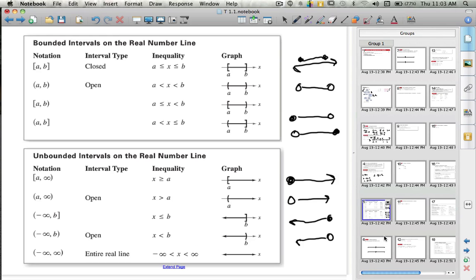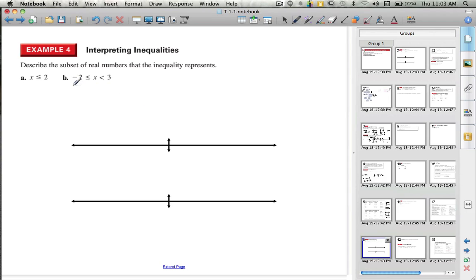So if we go through practicing something like that, for a, I want to show x is less than or equal to 2. So there's where 2 is, and I do a hard bracket, and it's less than, so it's moving in this direction. Equally, I might have done a closed dot and moving in that direction, same idea.